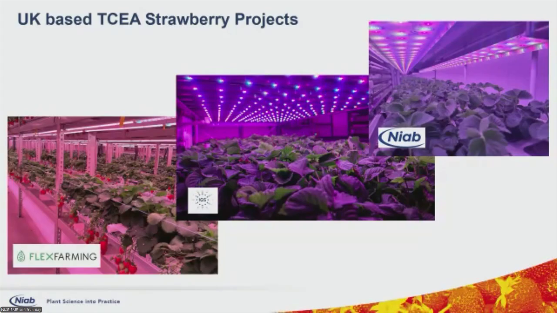ISG as well are trying to go into the propagation stage of strawberries and also flex farming. I call it a semi-commercial facility, 500 square meters in Somerset, where they are selling their produce, not as a separate line of product, but they do sell it.